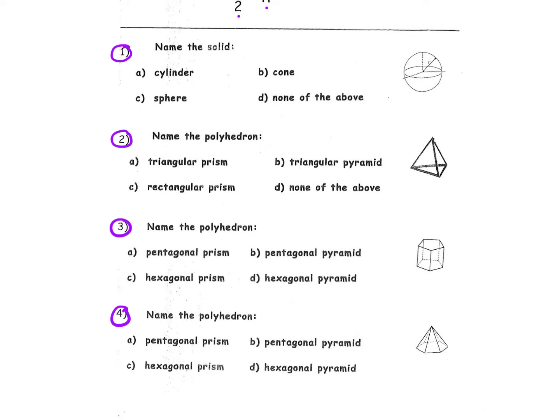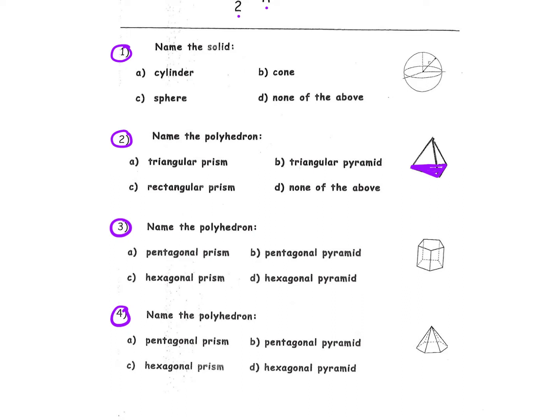You can see that number 1 is a sphere. Number 2, with its triangular base and only one base face, is a triangular pyramid, letter B. Give yourself a C if you got that correct.